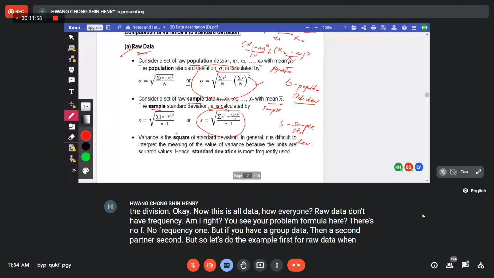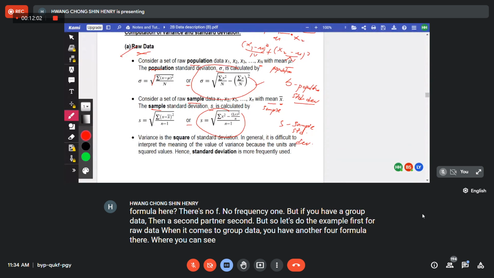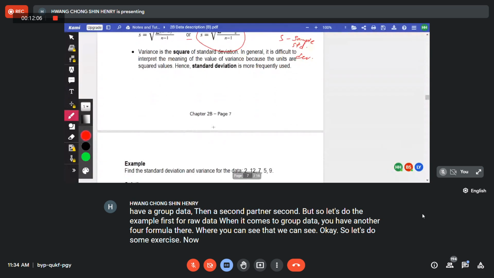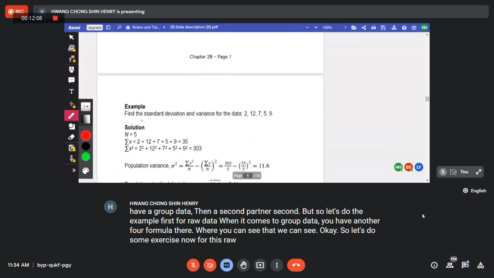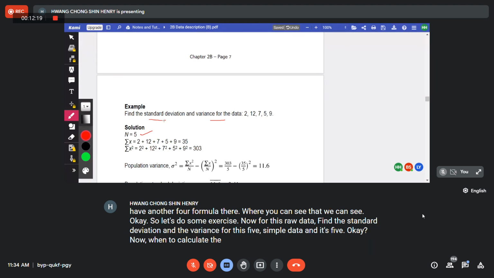When you come to grouped data, you have another 4 formulas where you can see the frequency. Okay, so let's do some exercises now for this raw data. Find the standard deviation and the variance for these 5 simple data. n is 5.